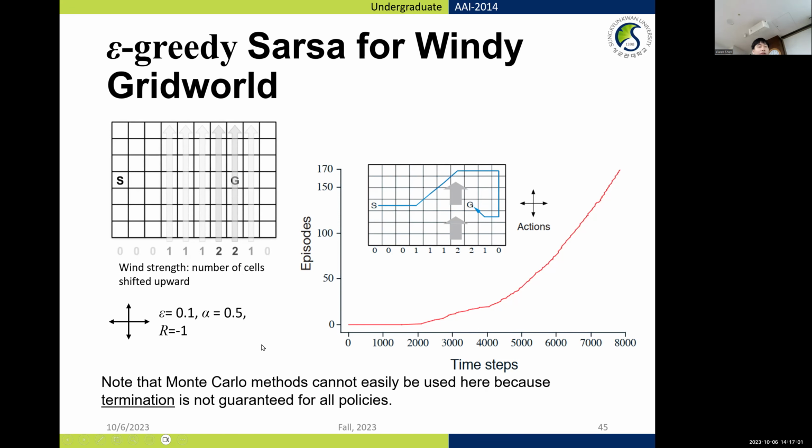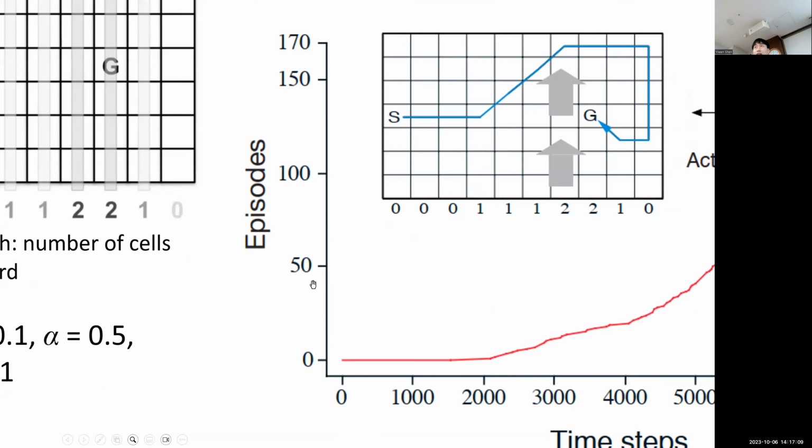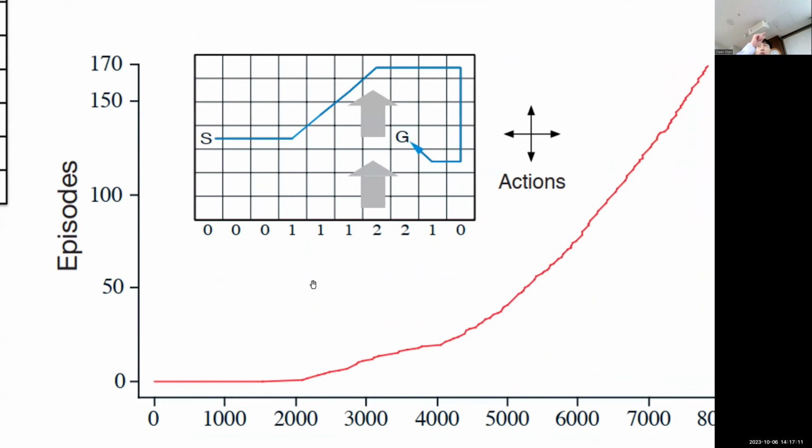We also need to note that Monte Carlo methods may not be used here, because a Monte Carlo method needs to wait until one episode reaches the terminal state before it can update. But here, sometimes you can have an infinite episode.